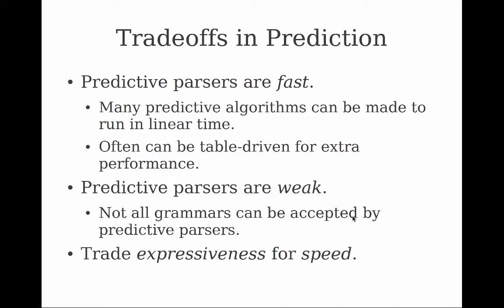But, nevertheless, predictive parsers are very fast. This is one of those classic trade-offs that you should have seen many times so far in your career here, where we trade expressiveness for speed. In other words, a less expressive grammar can be parsed more efficiently.